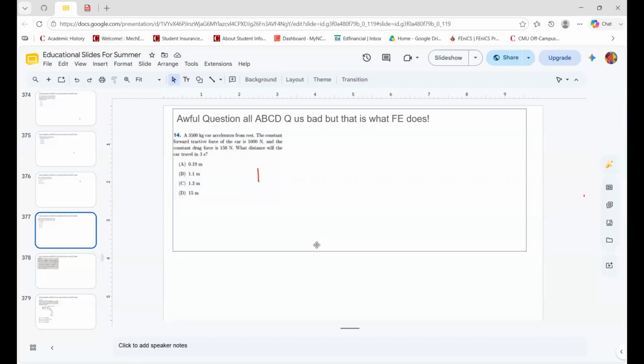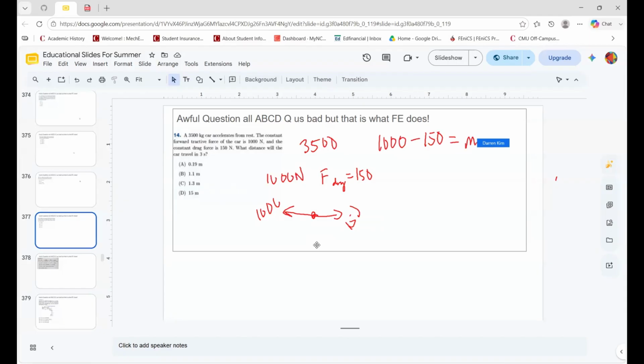All right, a 3500 kilogram car. The constant forward tractive force is 1,000 newtons, and the constant drag force F drag is 150. What distance will the car travel in 3 seconds? So the summation of Fx equal ma.